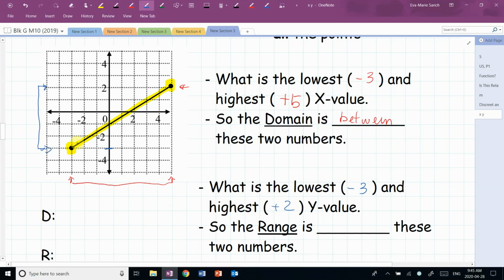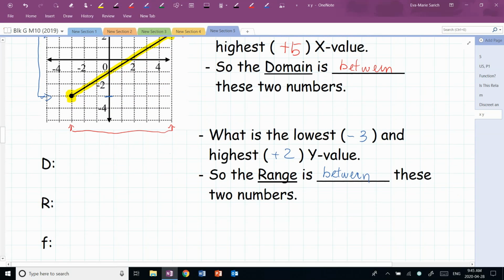Again, because there's a line connecting those points together, the range is going to also include all of the points between these two numbers. So we can't just list the individual points. Somehow we have to show that it's every point on that line between those two numbers. Remember, domain is x. So that means x is going to be smaller than the highest value, but bigger than the lowest value.